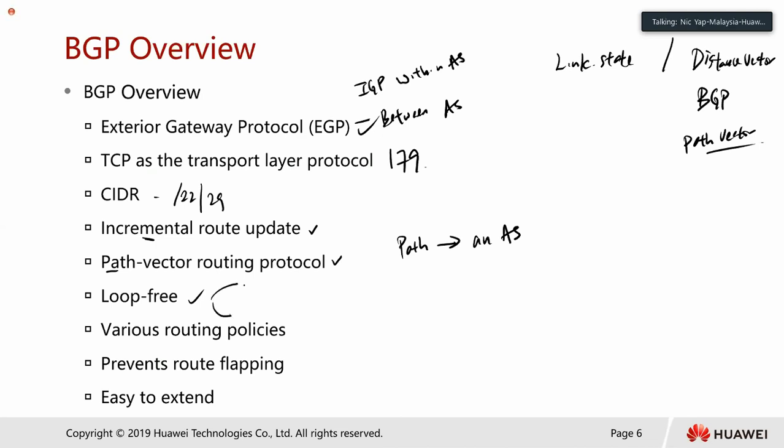One, loop prevention within the AS. Another, loop prevention between ASs. So you need to know the two methods for how these two areas achieve a loop-free environment.